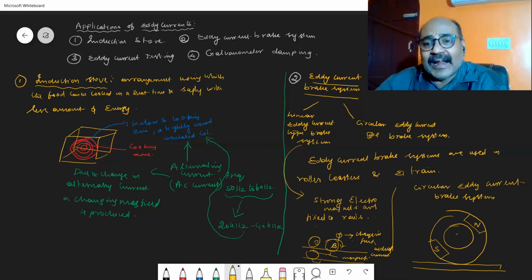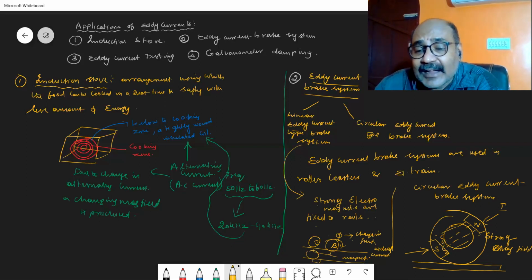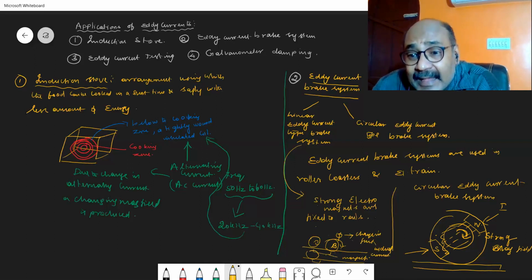When a strong electrical current is given to the poles of the electromagnet, a strong magnetic field is developed. That strong magnetic field acts from the north pole of the magnet to the south pole.